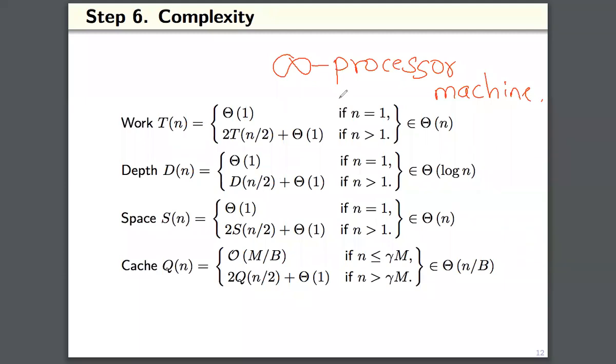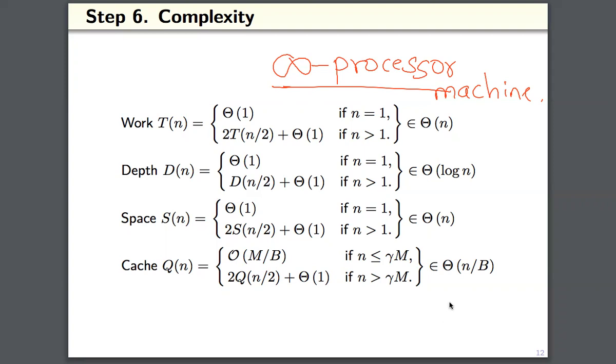That just means as many processors as needed by the algorithm. You run that algorithm, and when you completely parallelize it and run it on an infinite processor machine, the time taken is called depth.